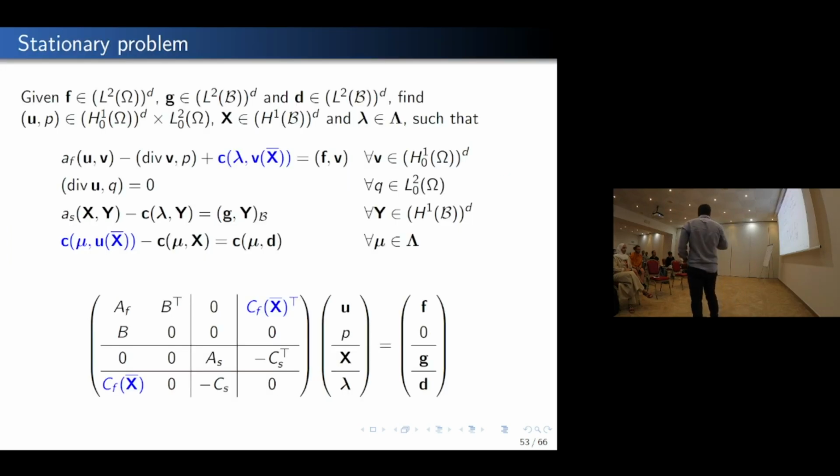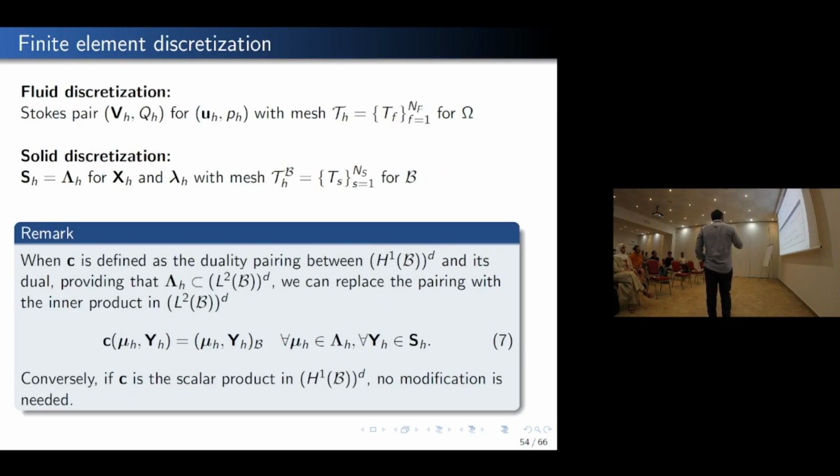So go back again to the stationary problem. As I told you before, the coupling terms are represented by these two matrices, a matrix and its transpose, C_F applied to X bar composed with it.